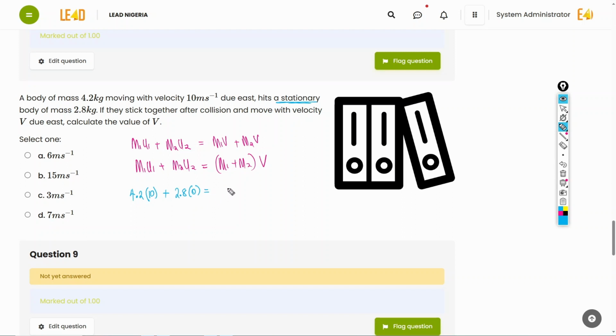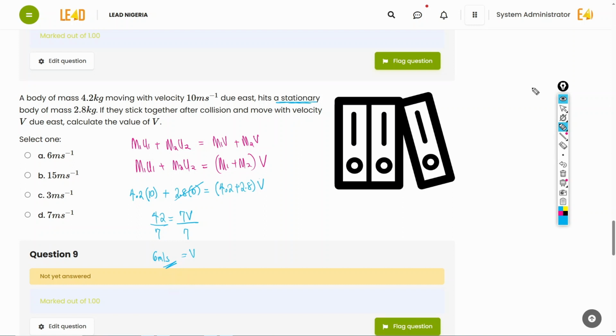All right, and it's going to be equal to m1 plus m2, that will be 4.2 plus 2.8 times the final velocity. Solving this, the second term cancels out, so we just have 42 is equal to 4.2 plus 2.8, which gives me 7 times v. If I divide both sides by 7, I'll get my velocity as 6 meters per second.